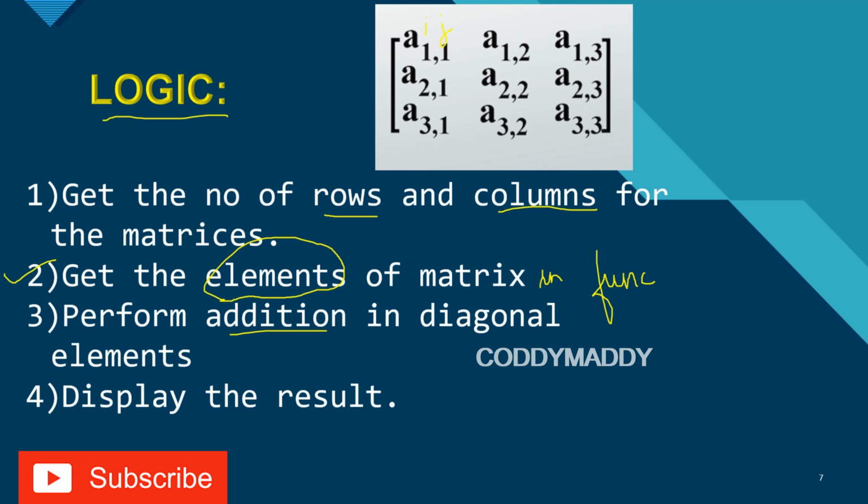A11 is the element at first row, first column. A12 is first row, second column, and A13 is first row, third column. Similarly, A21 is second row's first column value, A22 is second row, second column value, A23 is second row's third column value. Similarly for the third row also.